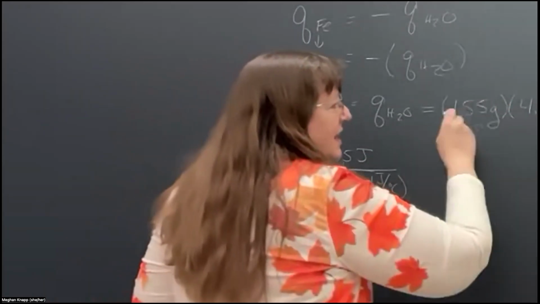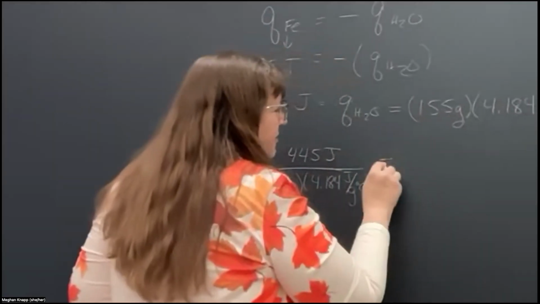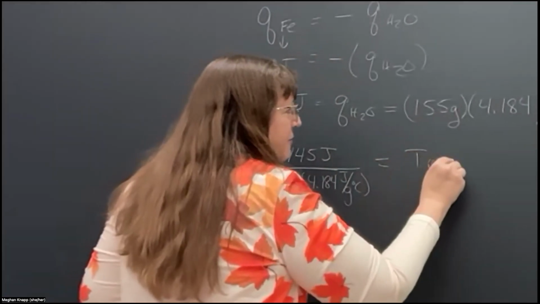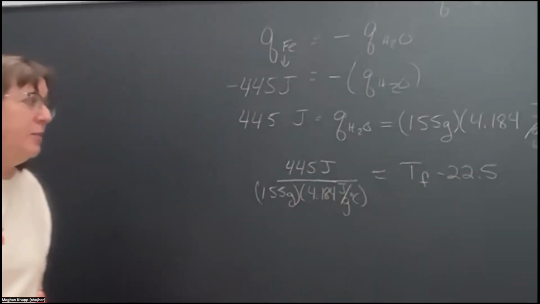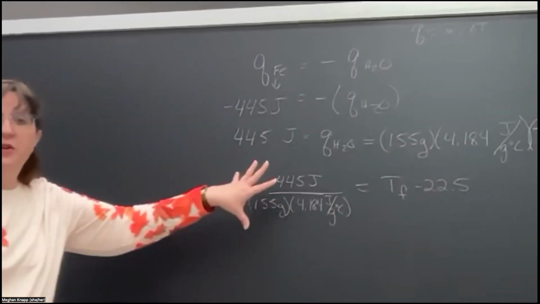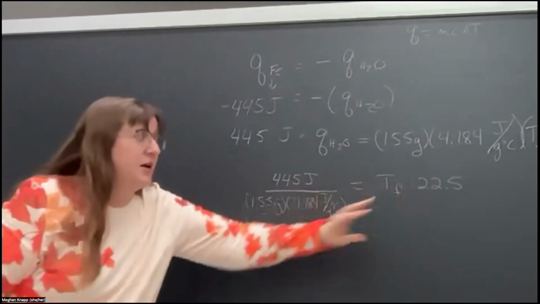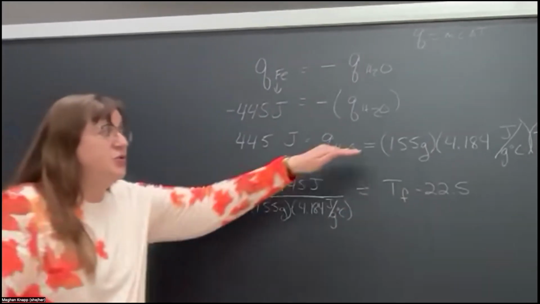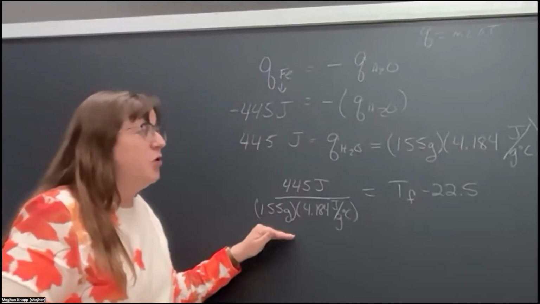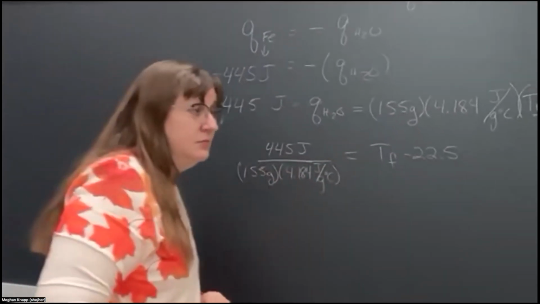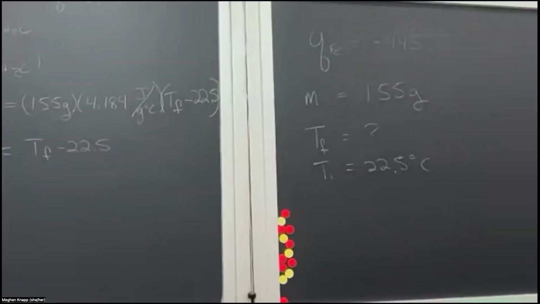But that doesn't get temperature by itself. I'm still left with TF minus 22.5. So I'm going to solve this first, and then I'm going to take care of that. To undo this multiplication, we divided. When we get the next number, we're going to undo subtraction by adding. So try plugging that in, see what you get.